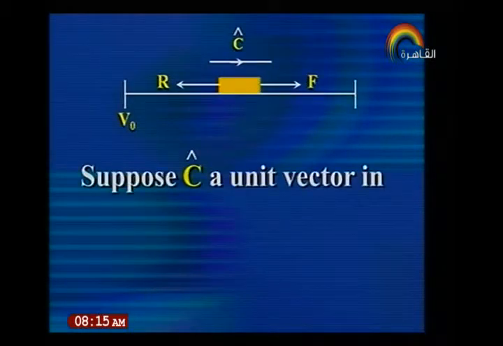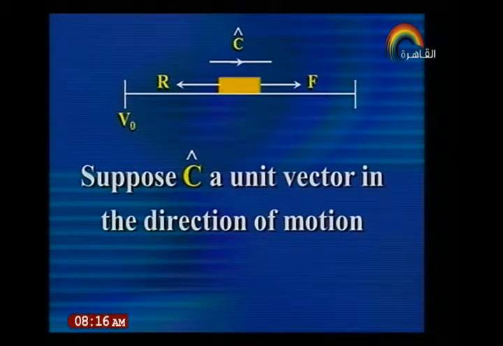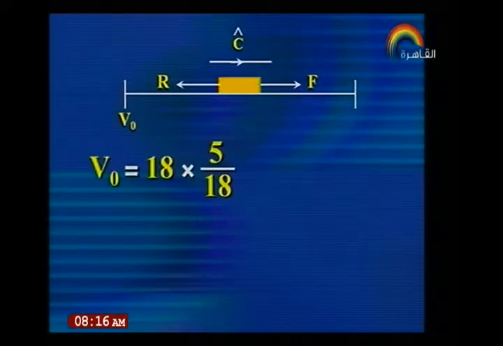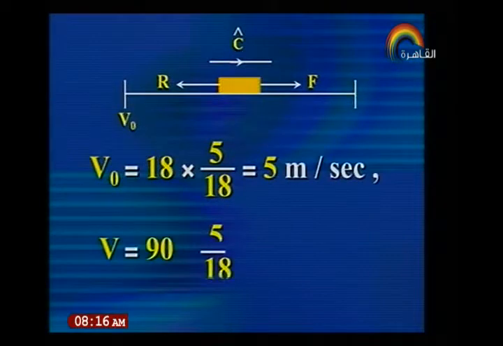Solution. Dear student, look at C, the unit vector in the direction of motion of the car. V naught equals 18 times 5 over 18, equals 5 meter per second. But the final velocity is 90.